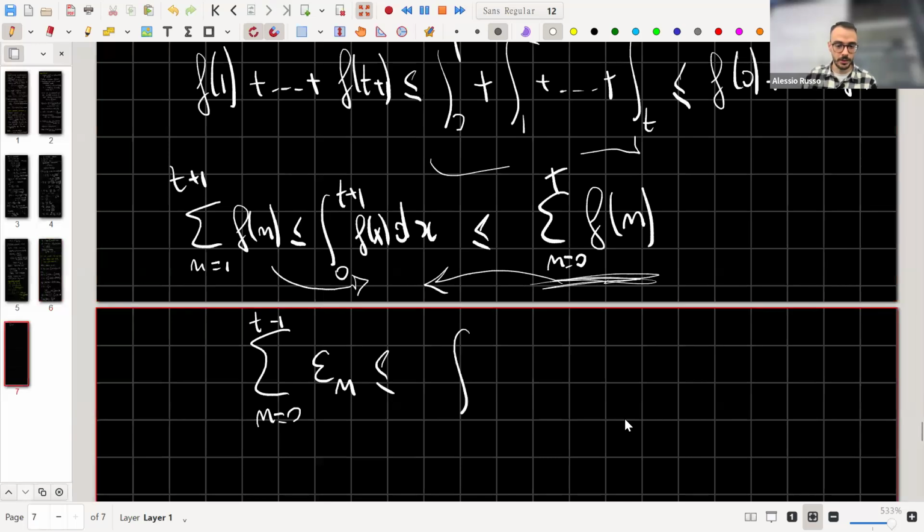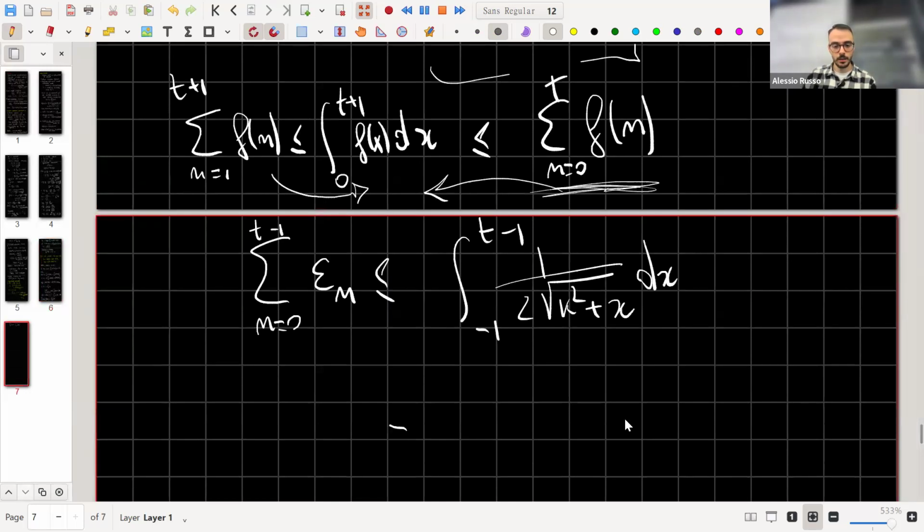So the upper bound is simply going to be the integral from minus 1 to t minus 1 of epsilon n, but epsilon n is simply 1 over 2 square root of k squared plus, let's use x here. So we are integrating over dx.